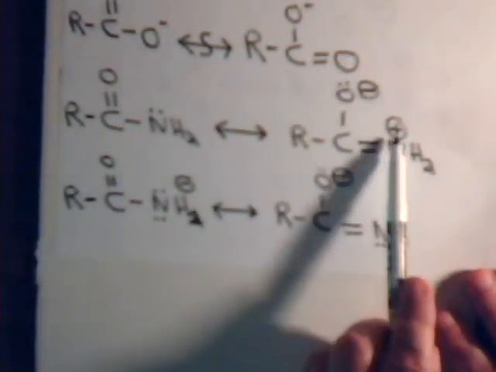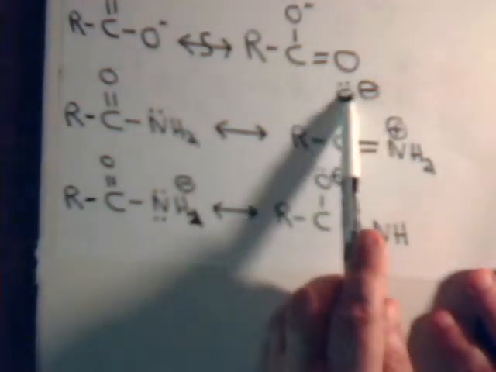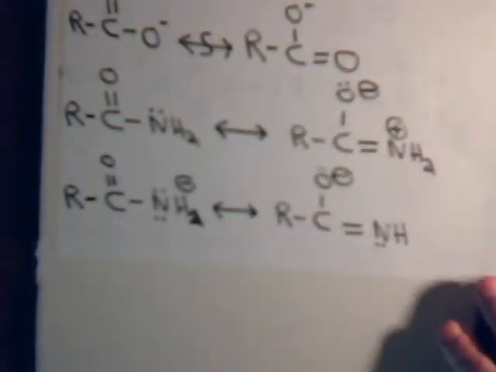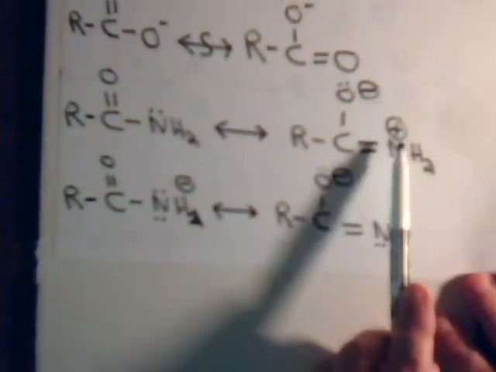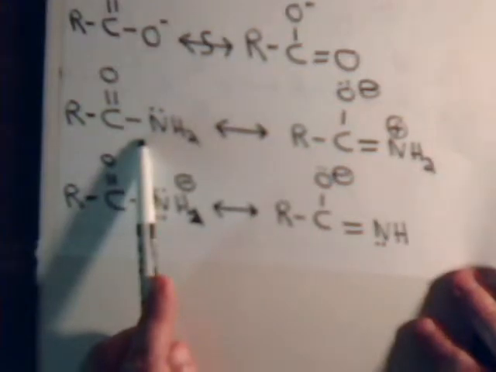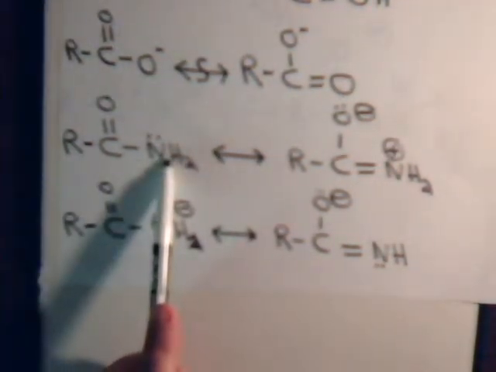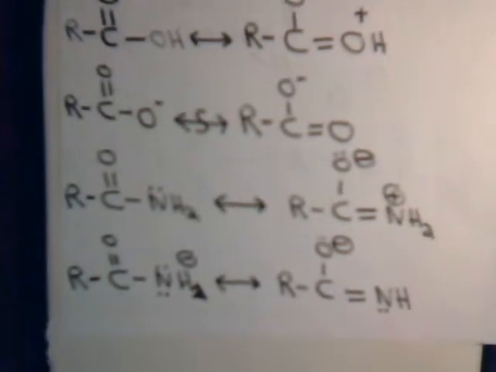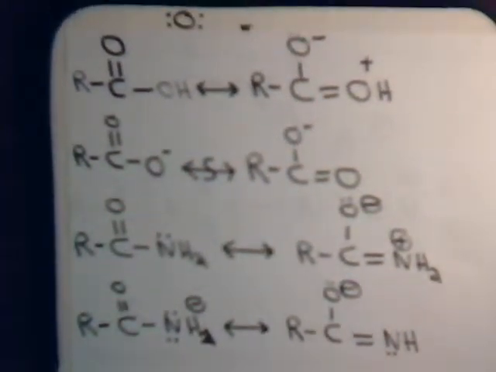Here we have a separation of charges again, not particularly desirable but permissible, but the positive charge now is on nitrogen instead of oxygen. Nitrogen, of course, is less electronegative, so this is a better resonance system than this, meaning that the amide is a little bit more stable.